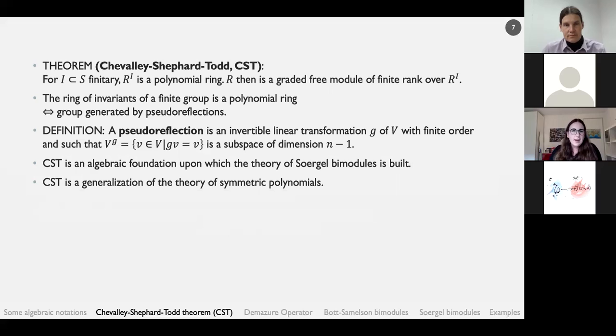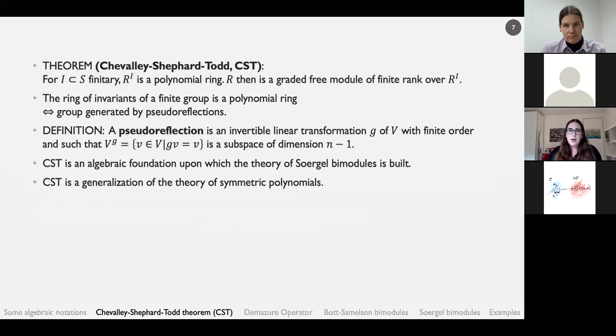Here, R^I is the polynomial ring over R with the variables z1, z2, and so on. These variables commute but don't have any other relations. So the elements of R^I, which are I-invariant polynomials, build a polynomial ring no matter what I is. It only needs to be finitary.